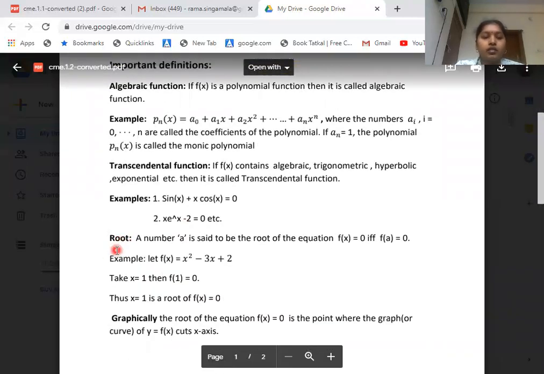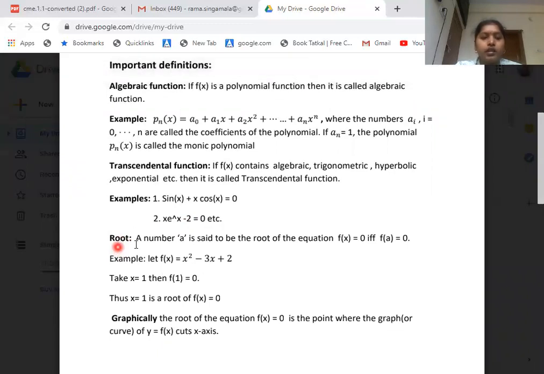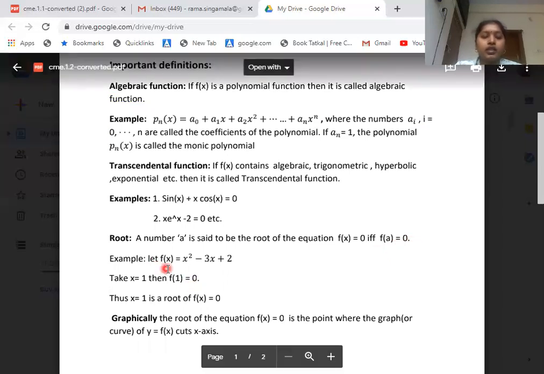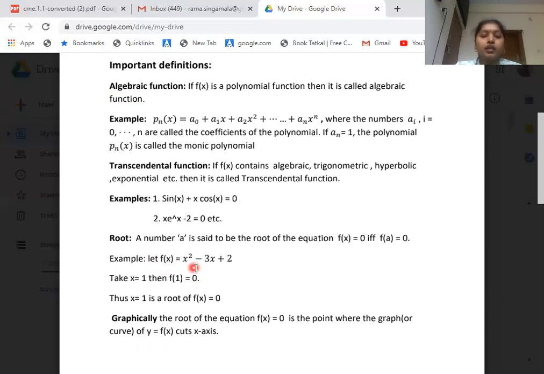Next definition, root of an equation. A number a is said to be the root of the equation f(x) = 0 if and only if f(a) = 0. For example, we can take f(x) = x^2 - 3x + 2. It is a second degree function, second degree polynomial.